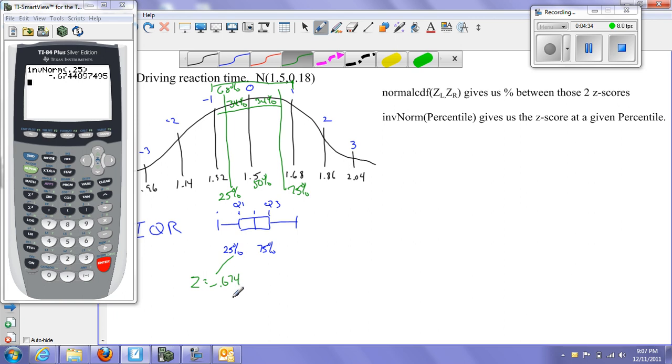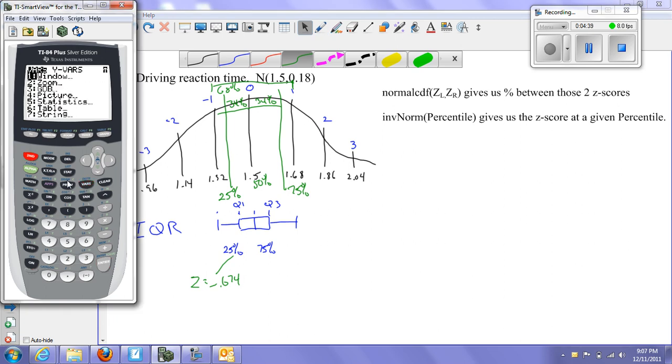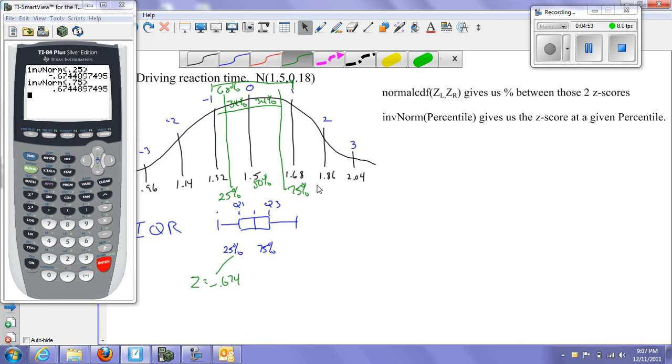Let's do the inverse normal again. Second vars, 3 inverse normal, this time for 0.75, because I have to turn my percentages into decimals. And it's positive: z for this is equal to positive 0.674.